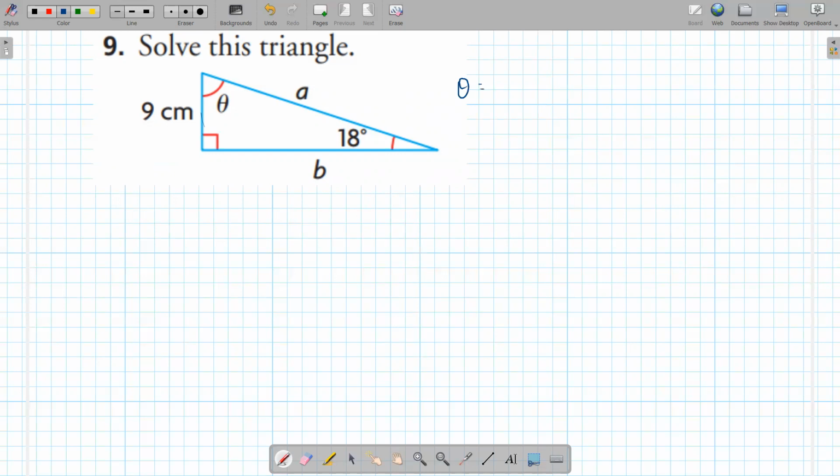Oh, you subtract 90 and 18 from 180? Yeah, exactly. That should give you 72 degrees, 90 minus 18. Okay, so theta is 72.